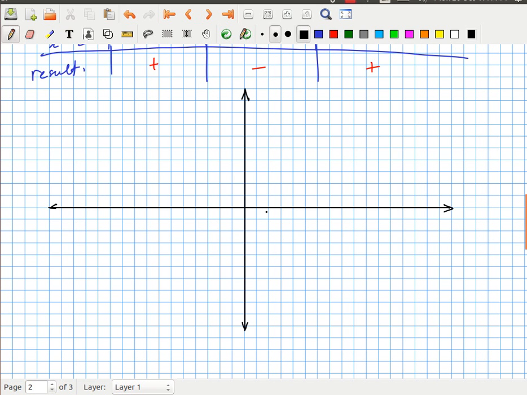And we'll use 1, 2, 3, 4, 5, 6, and -1, -2, -3, -4, -5, -6. And I think I'll use a smaller scale here. 1, 2, 3, 4, 5, and -1 through -5.